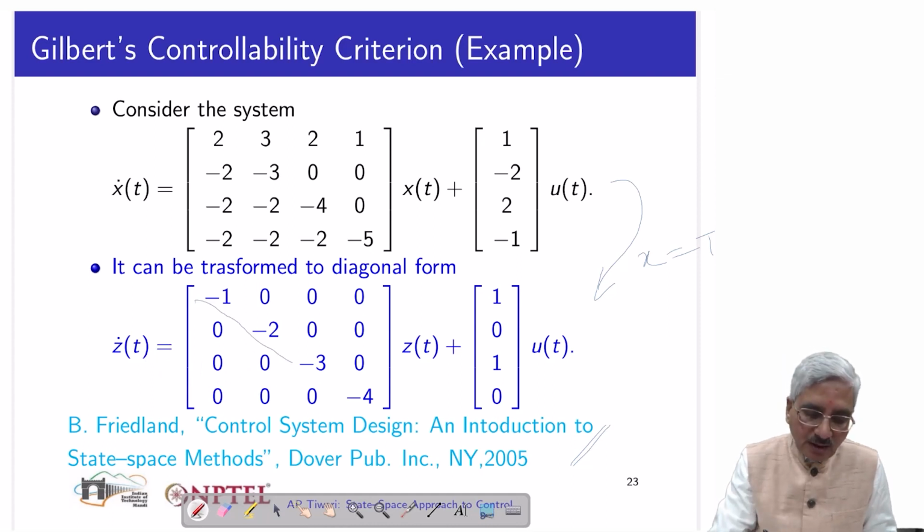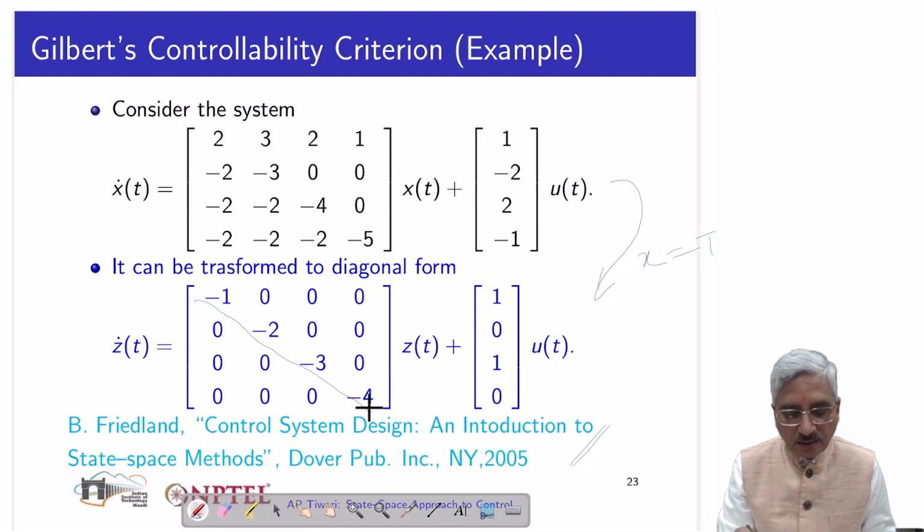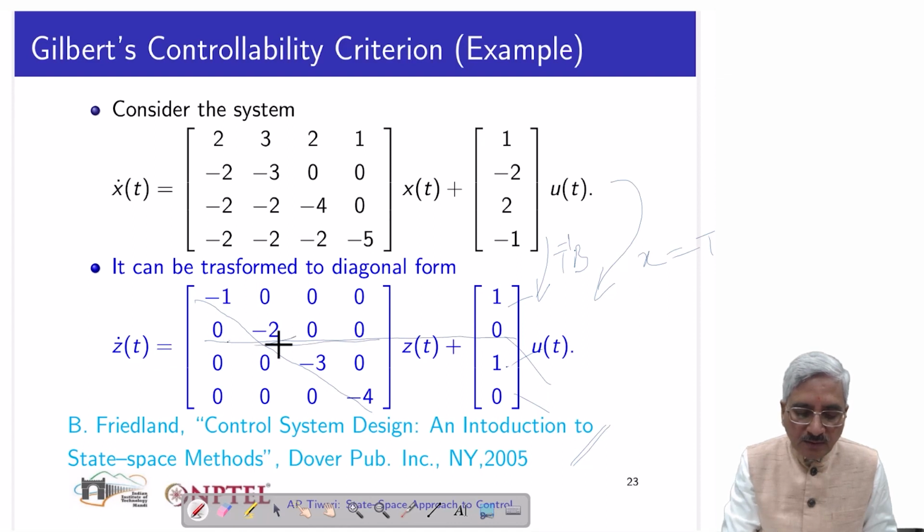The diagonal entries are the eigenvalues -1, -2, -3 and -4. And the corresponding input matrix, this T inverse B matrix, is obtained as 1, 0, 1 and 0. Two entries are non-zero and two entries are 0. Now obviously, corresponding to this eigenvalue -2, the row, here it is only one element because there is a single input, is 0, so this -2 is uncontrollable.